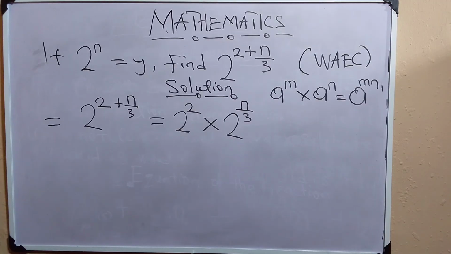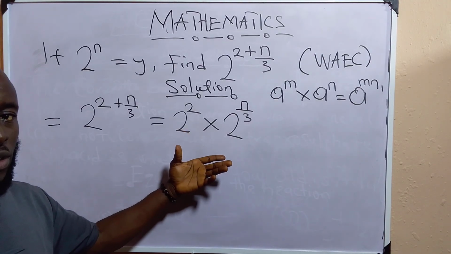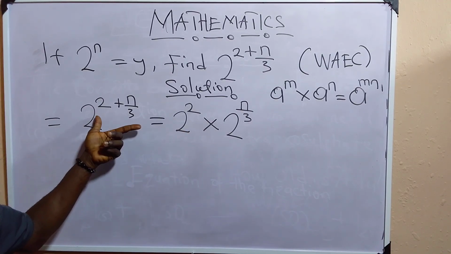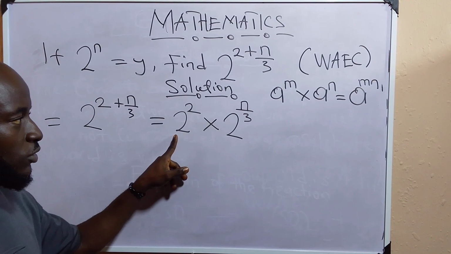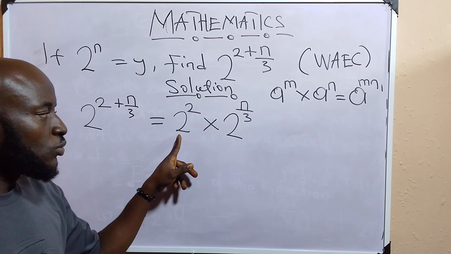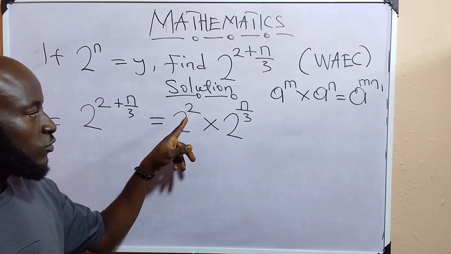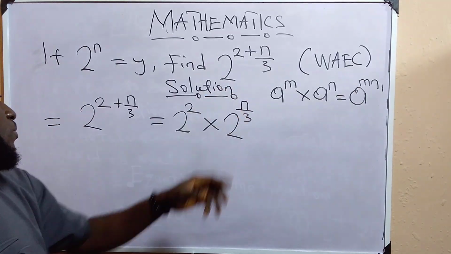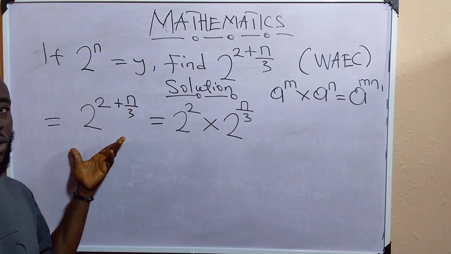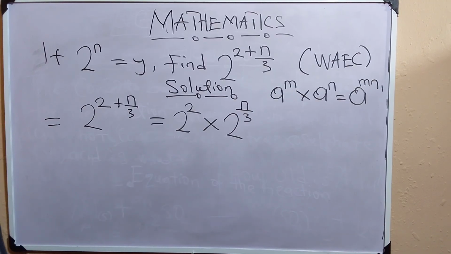I don't know if you are getting it. This same thing in the law of indices, if you want to take it back to this form, you take one of the bases, since the two bases are the same, and it will now be 2 raised to the power of 2 plus n all over 3. That is what I bring down here. So you can see, there's nothing so hard about this.